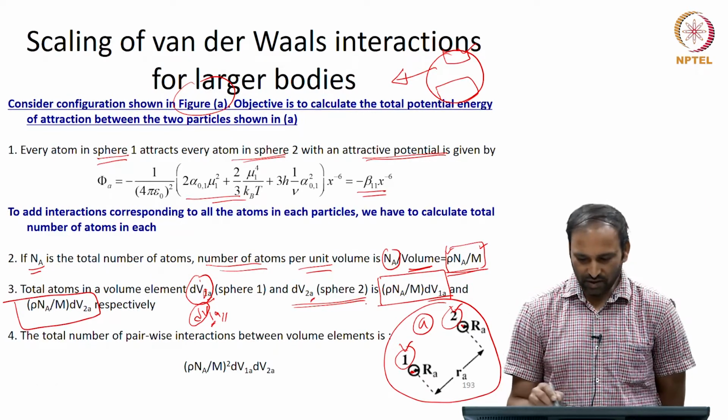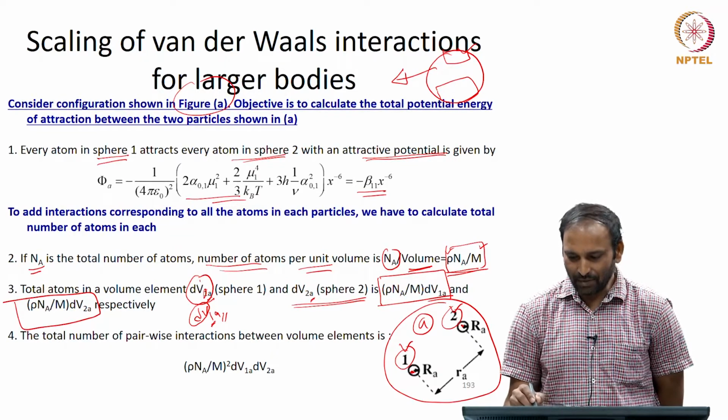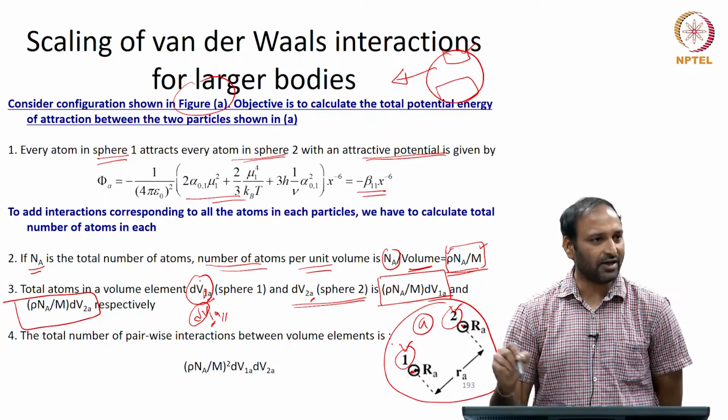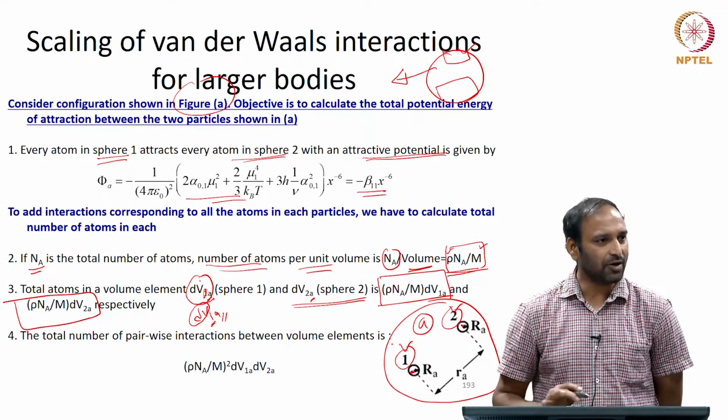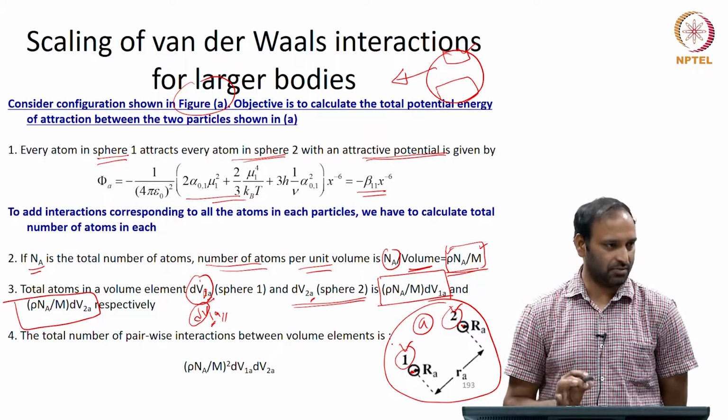So this rho N A by m, that is what I was trying to say. Whether I take case A or case B, or any particle, this number is going to be the same because they are of the same composition.